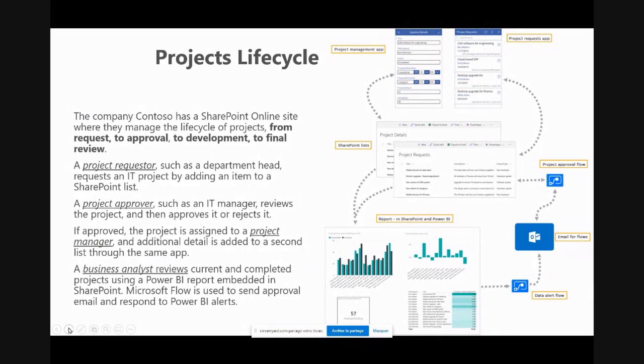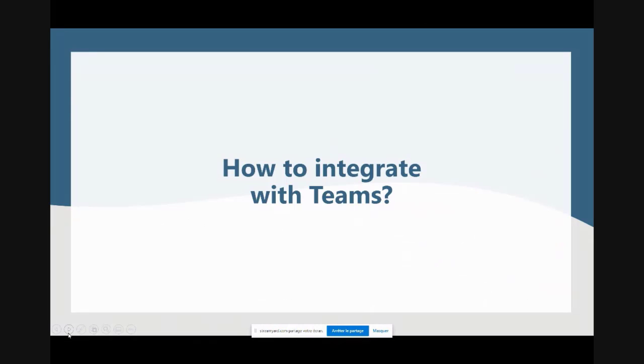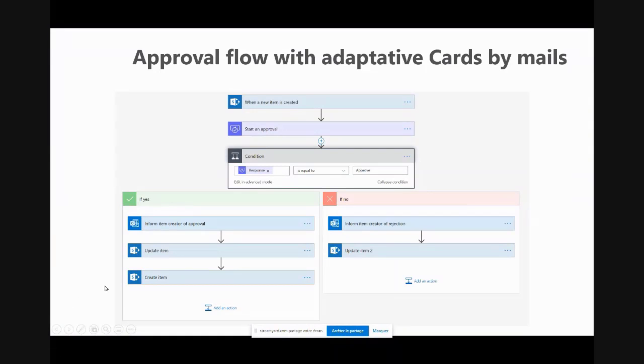The cool thing about this process is that you can find detailed instructions to recreate a very similar process in the documentation, and here is a link. So how to integrate with Teams? To finish my session, I would say that we can create an approval flow exactly the way we have seen, but by default, adaptive cards create emails.